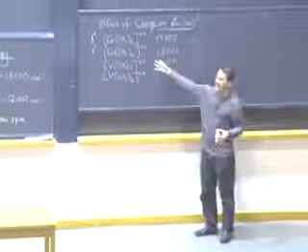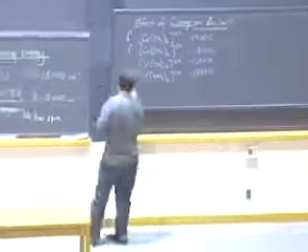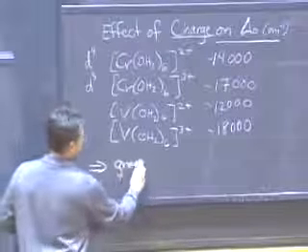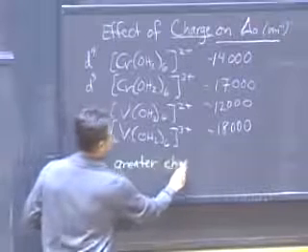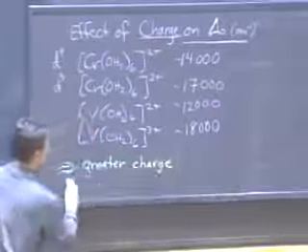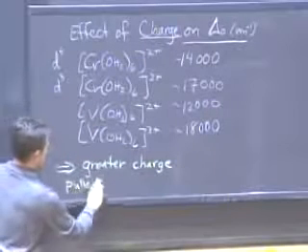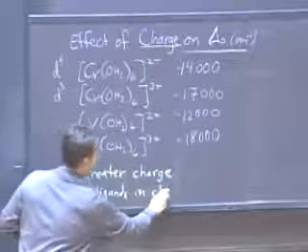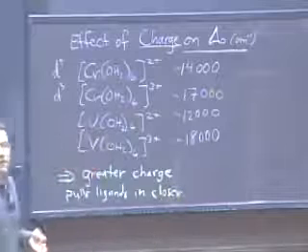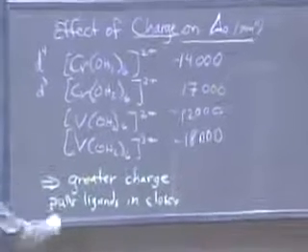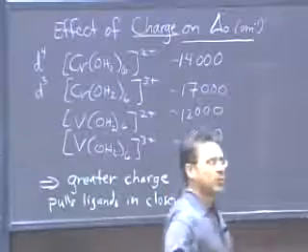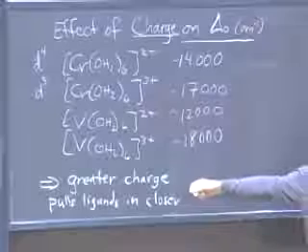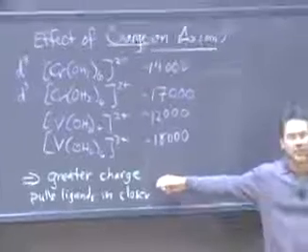Okay, what's going on here is that the greater charge pulls the ligands in closer to the metal. And if the ligands are in closer to the metal, then what that ends up saying, as you'll see in a moment, because we're going to get to the MO picture for octahedral coordination complexes, is that putting electrons in EG star becomes more difficult.